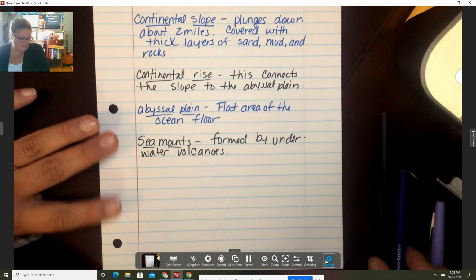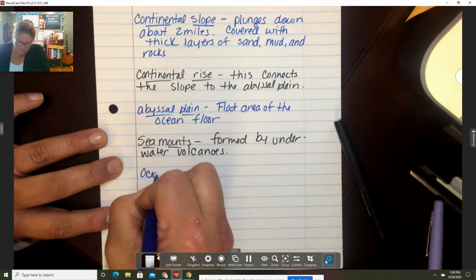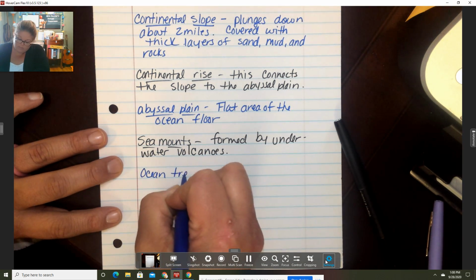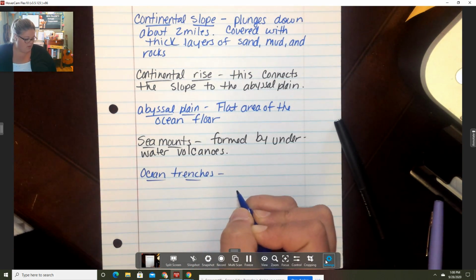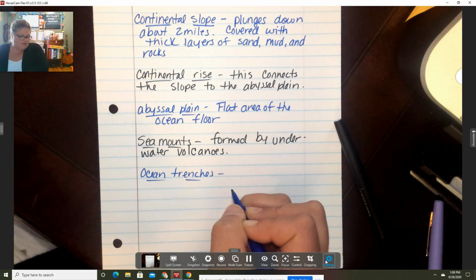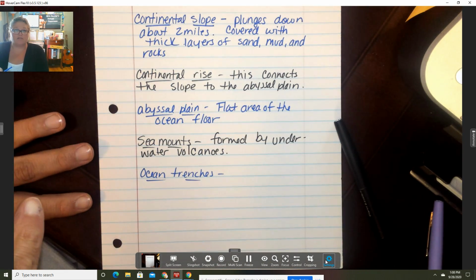All right, and then ocean trenches. Okay. These are just deep parts of the floor that dive down.